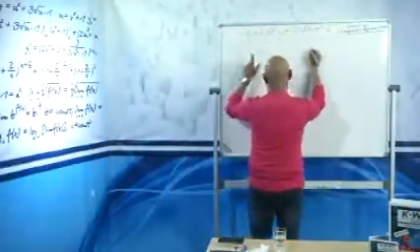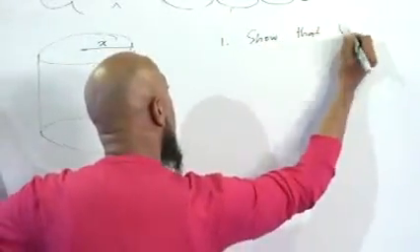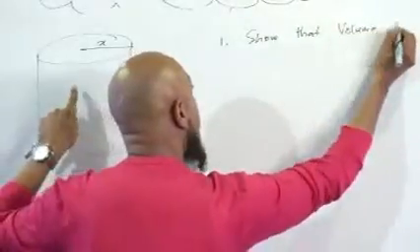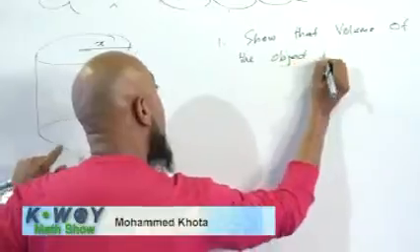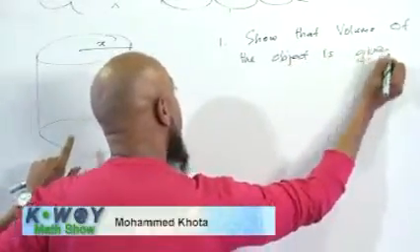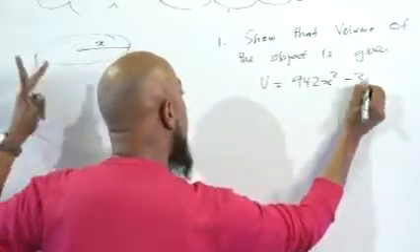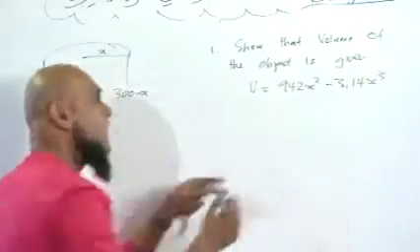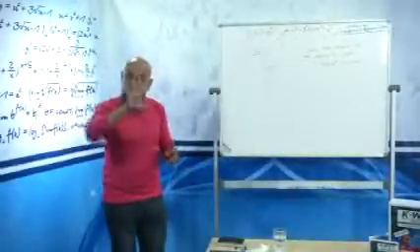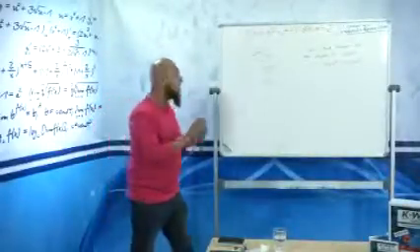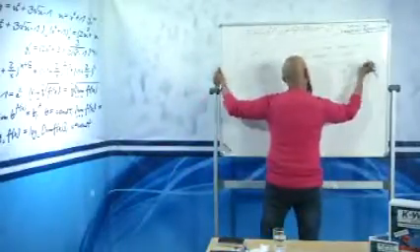Now the questions give you a shape and they say, show that the volume of the object is given by volume is equal to 942x squared minus 3,14x cubed. They're going to give you a hectic formula on that side. That's the first one, for about 3 marks.